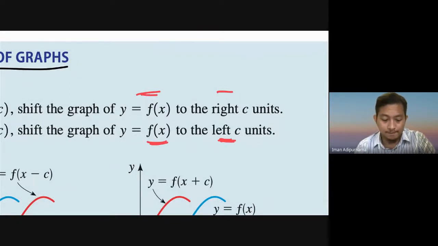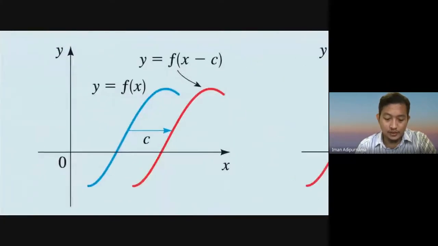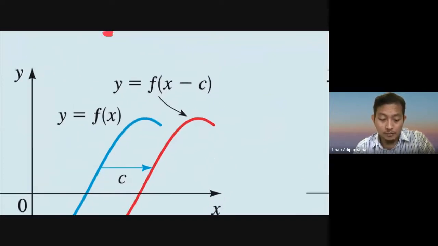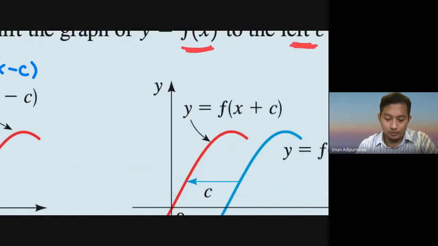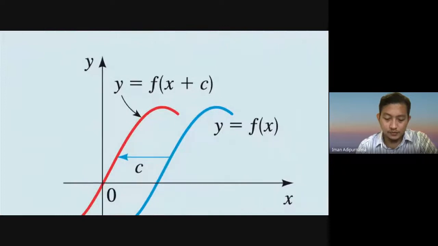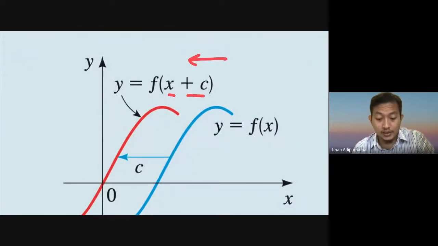So if you want to move to the right c units, then you must make f of x minus c. If you want to move to the left, you need to make x plus c.